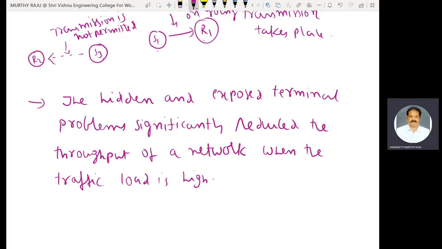That is the reason we need another MAC protocol, medium access control protocol, that must be free from hidden and exposed terminal problems.